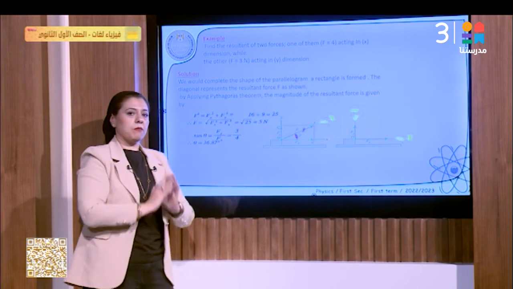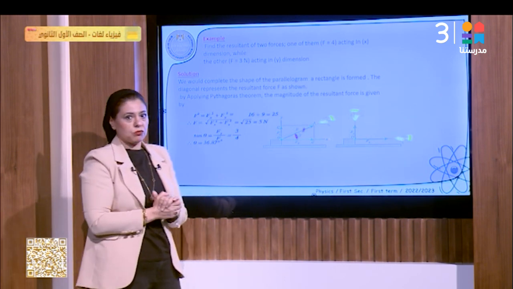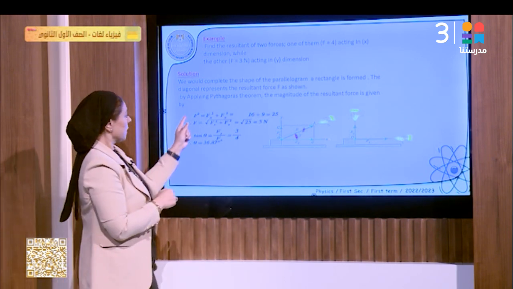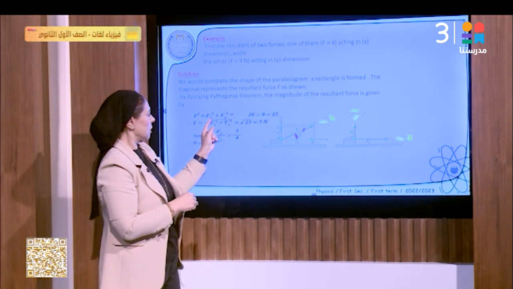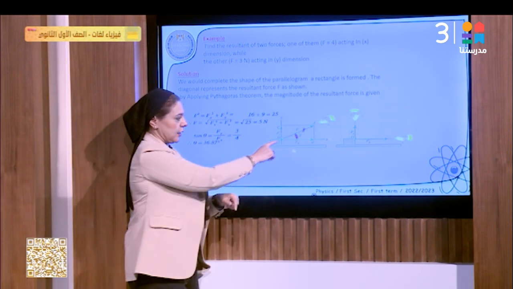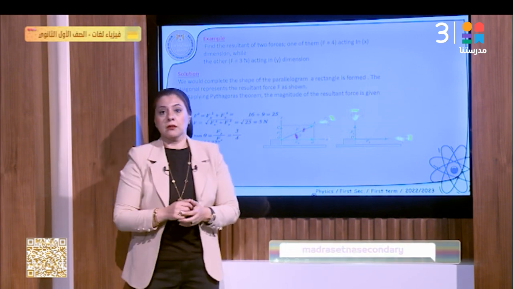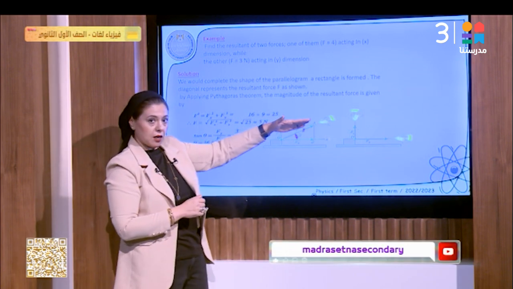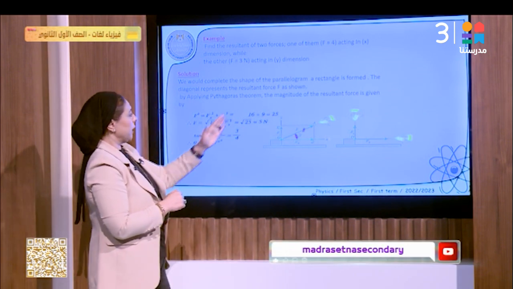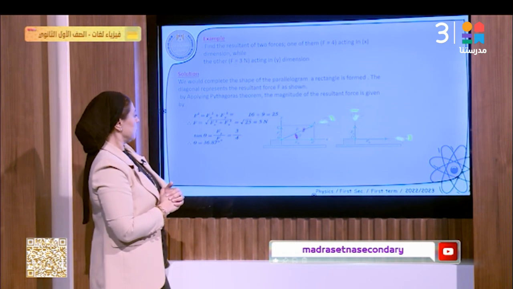ومن فيثاغورس احنا كنا بنشوف الماجنتيود بتاعه which is equal كان بيساوي ايه؟ F squared equal Fx squared، لان ده السايد ده represents magnitude of the force in الاكس direction and Fy اللي هي the other side. So we can find the magnitude of this side by applying Pythagoras law.